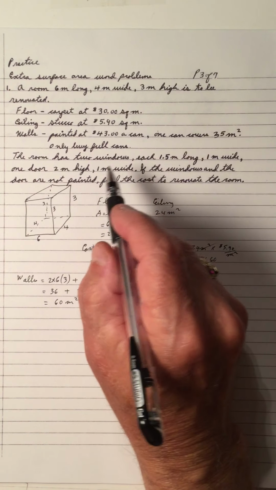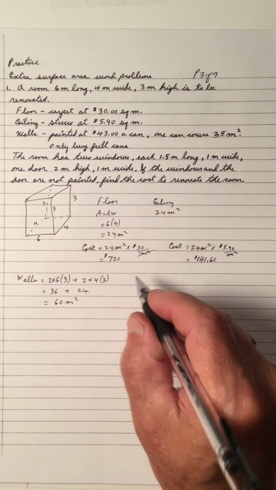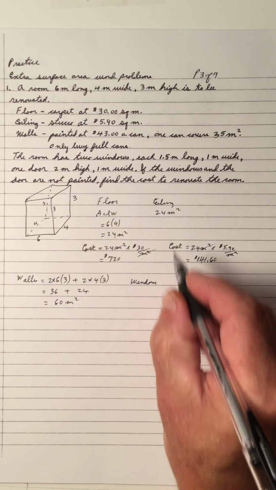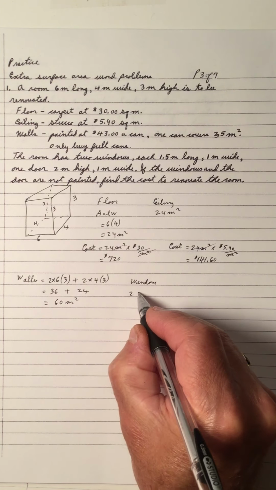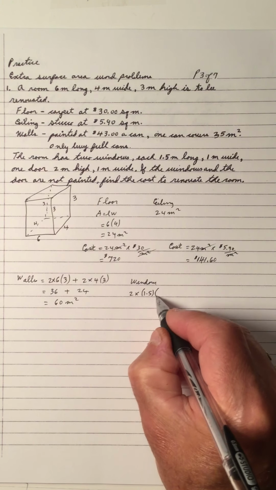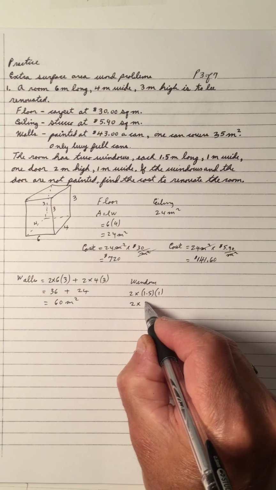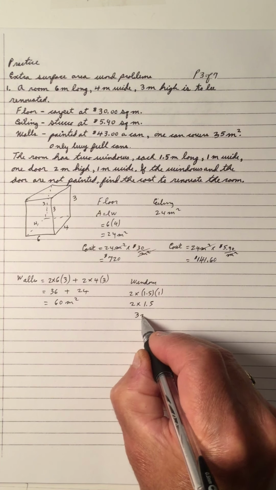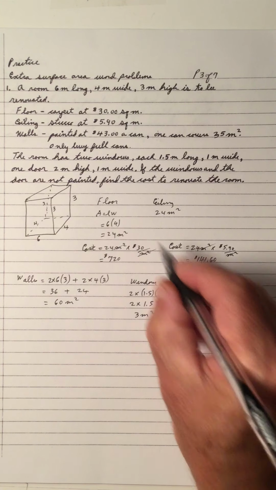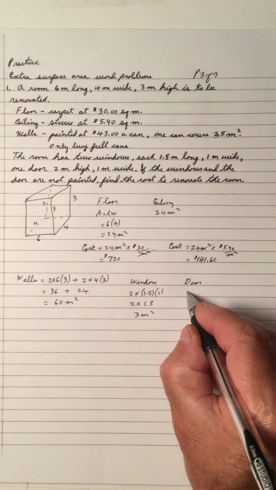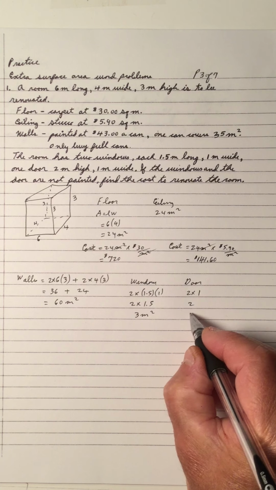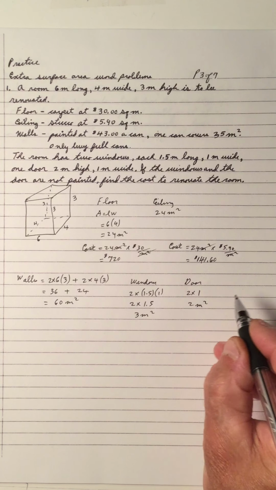But we have to remember that we're not going to paint the windows or the doors. There are 2 windows, and they're 1.5 by 1. So that's 2 times 1.5, which is 3 square meters for the windows. And the door is 2 by 1, 2 high, 1 wide, so that gives us 2 square meters.